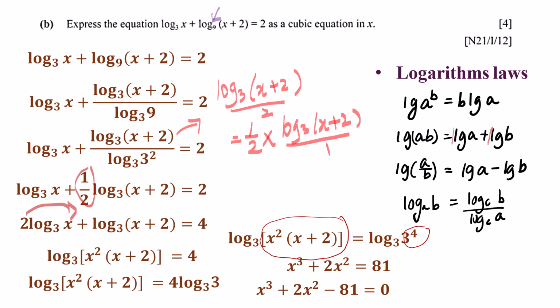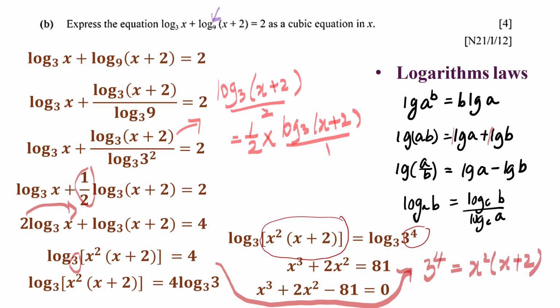Another way is if you are very good at converting from logarithmic form into index form, then you can just look at the base here, which is 3 to the power of 4, which will give you x squared times (x plus 2), and you will still get the same answer.